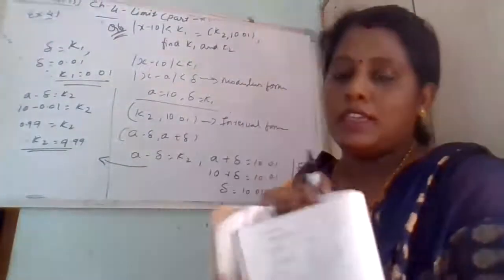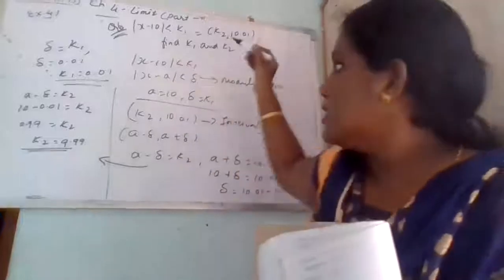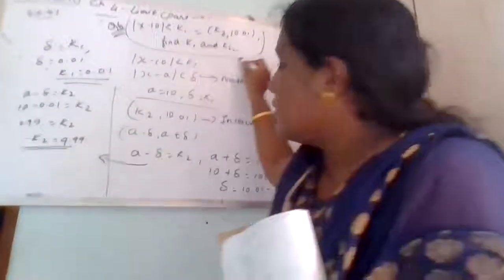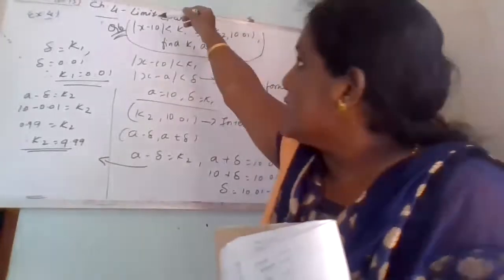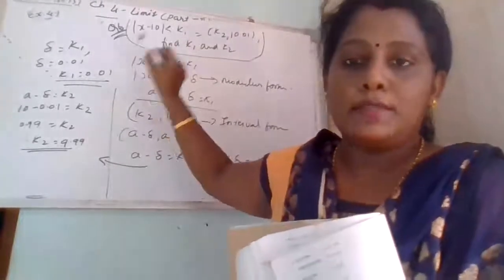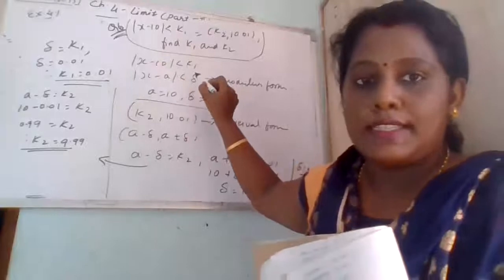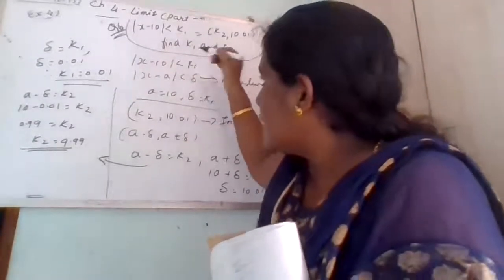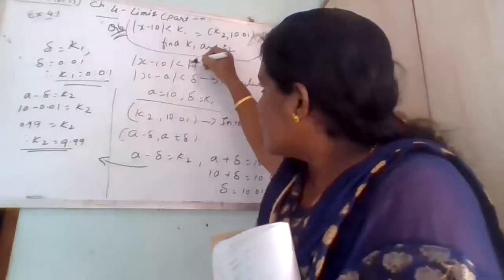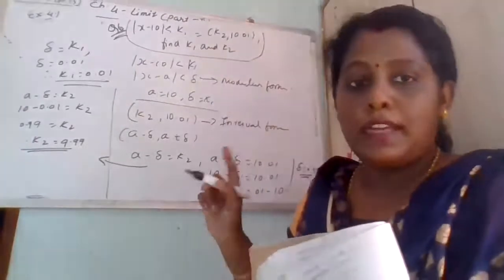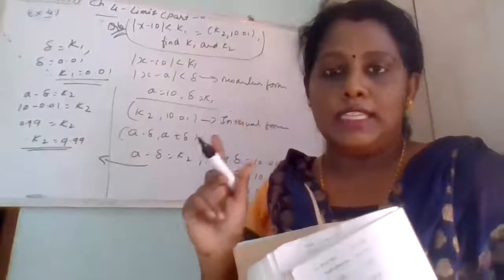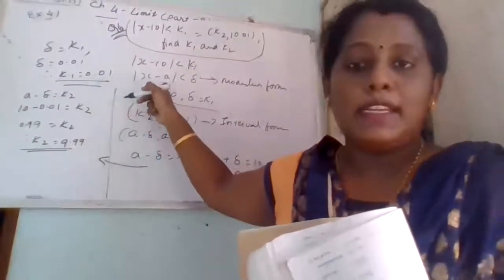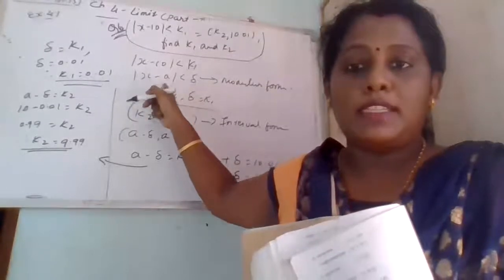Got it? See, I will explain you here in this question. This is the question, right? Then this we have taken first one, that is modulus x minus 10 less than k1. Then this is in the form of modulus x minus a less than delta.